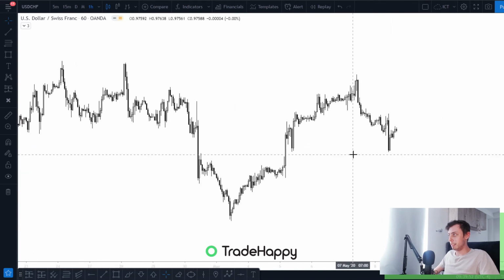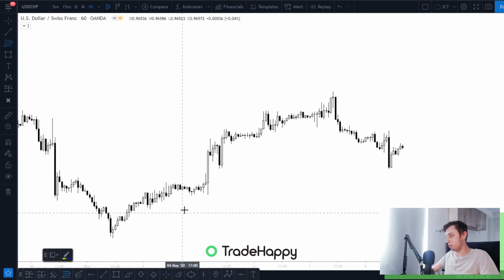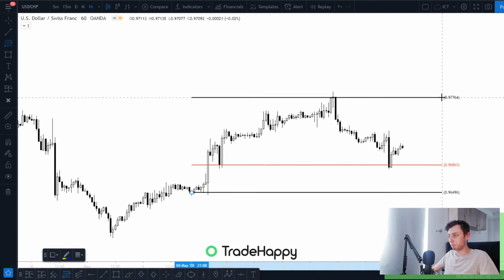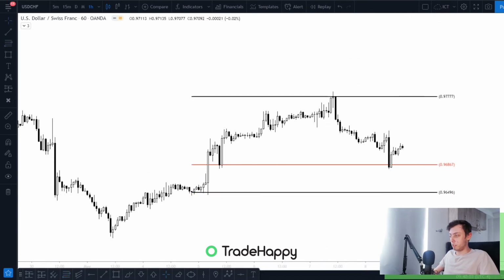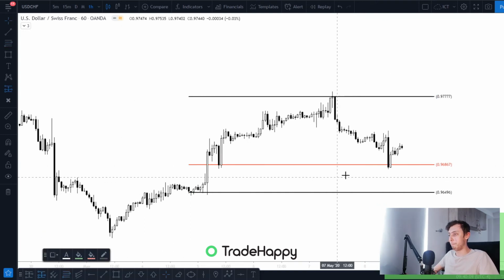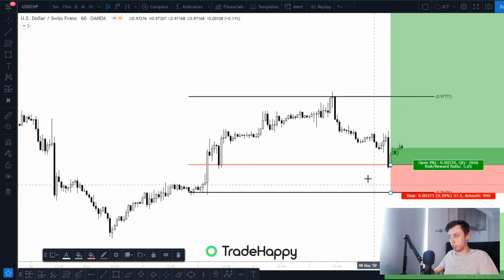So USDCHF, there's not too much on this, to be honest. I don't normally trade USDCHF, but you could be in a buy right now. Yeah, it's a very nice entry. But again, it is quite a large stop loss.